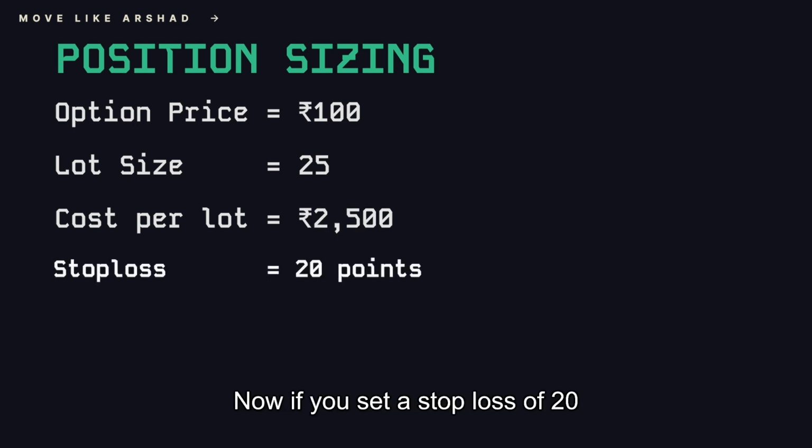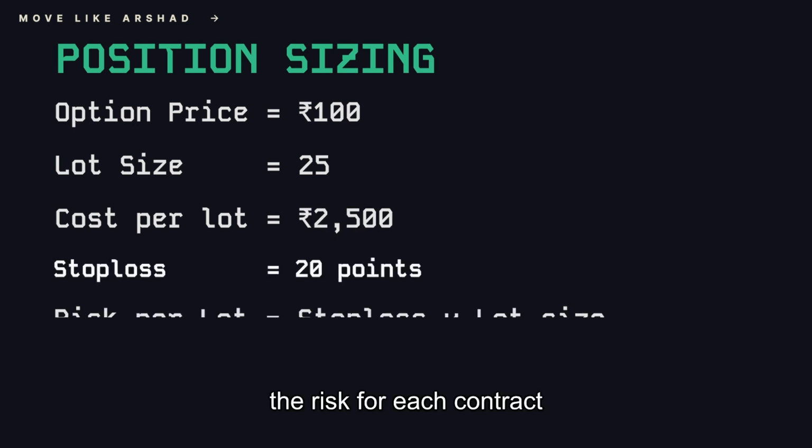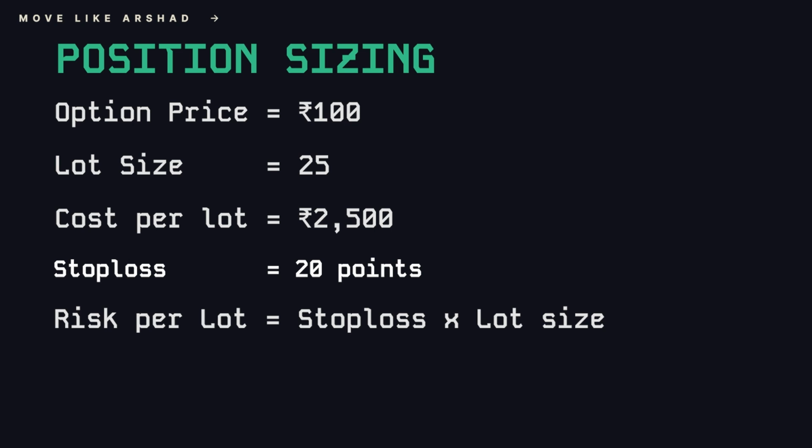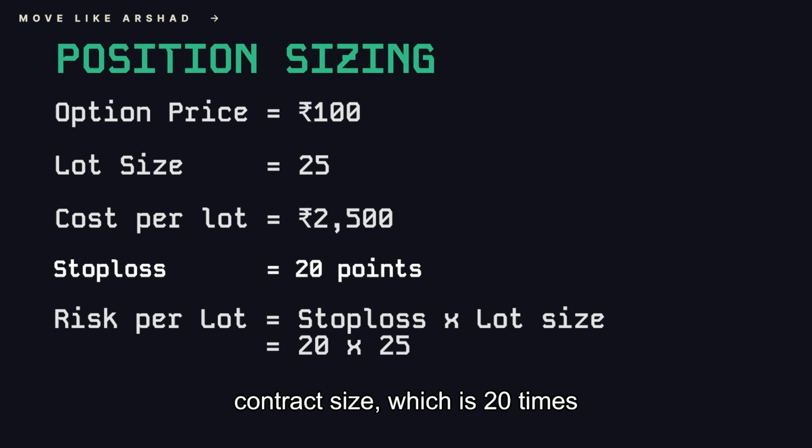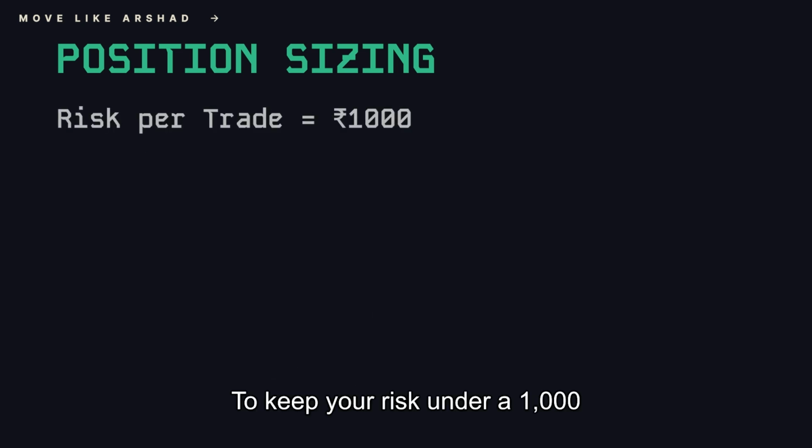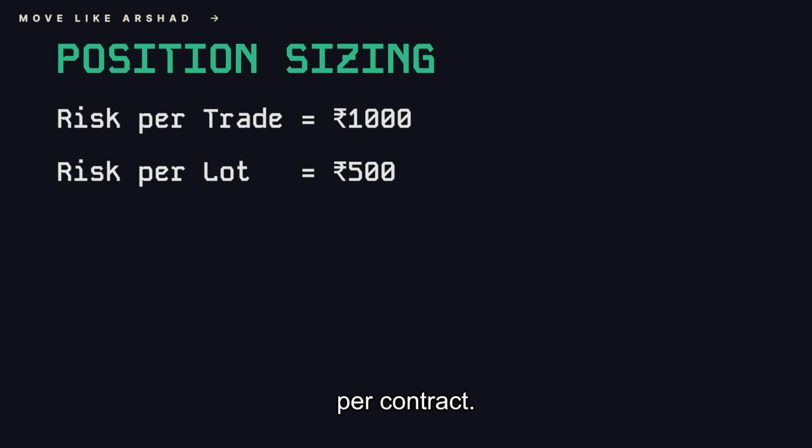Now if you set a stop loss of 20 points, the risk for each contract is stop loss points times contract size, which is 20 times 25, which is 500 rupees. To keep your risk under 1,000 rupees, you need to find out how many contracts you can afford to buy. Divide your risk limit by the risk per contract.